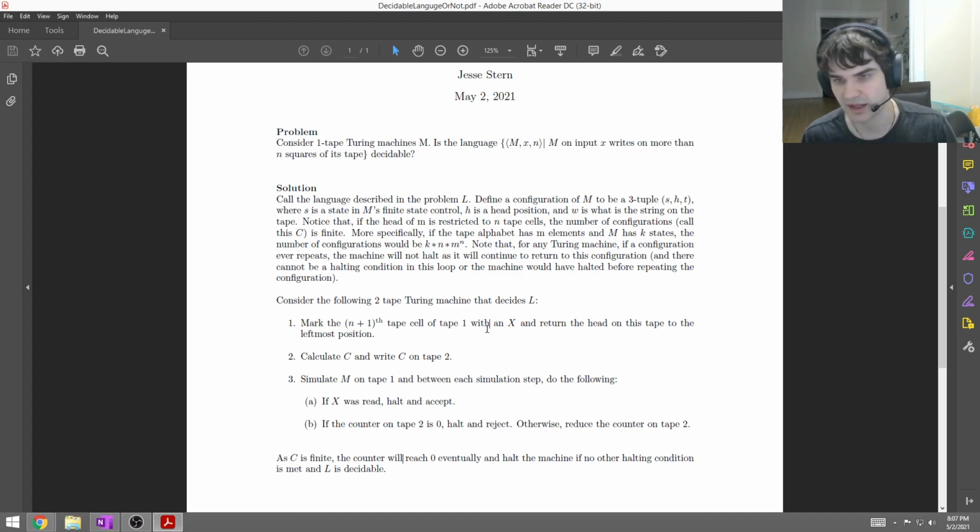They were like, use a counter for how many cells we've written in, and if it ever exceeds n, halt and accept. So why is that not okay? Especially when people are saying things like, oh, just implement a counter. Or I hear say, calculate C, with n fixed based on the input, and write C on tape 2. That's also not explicitly telling us how to do it.